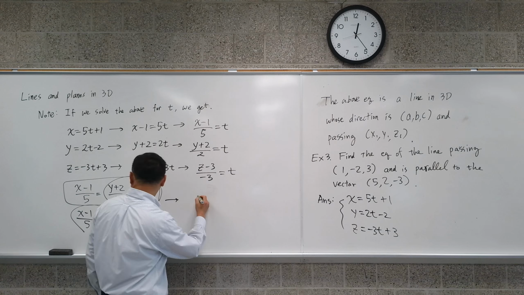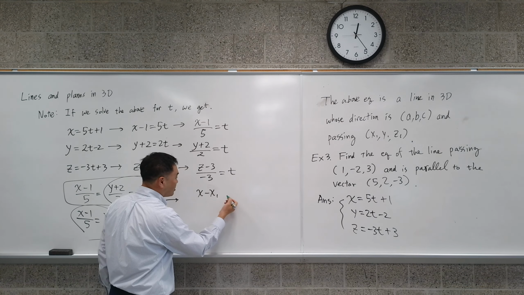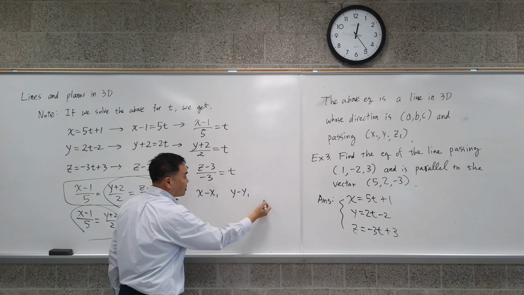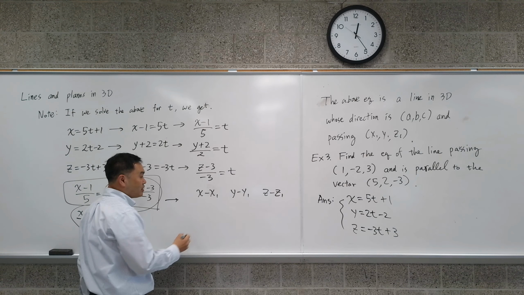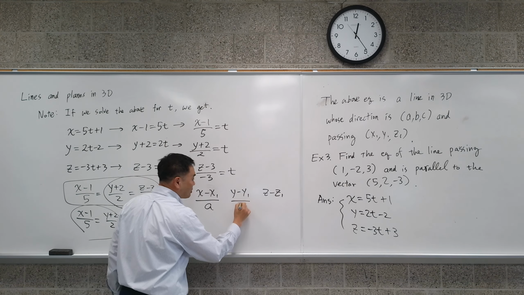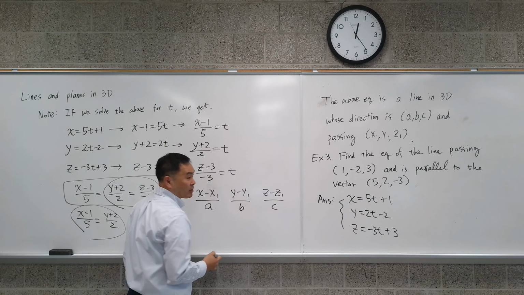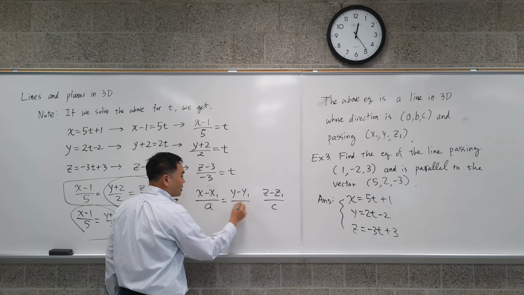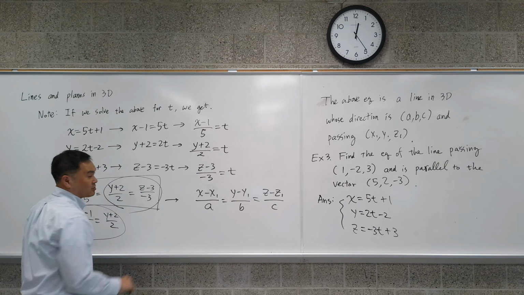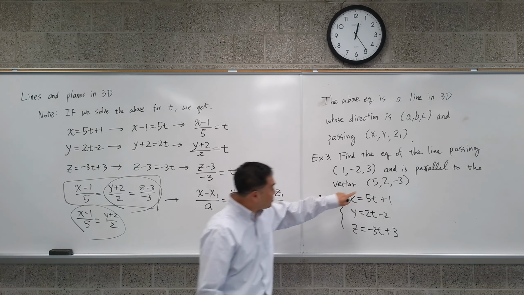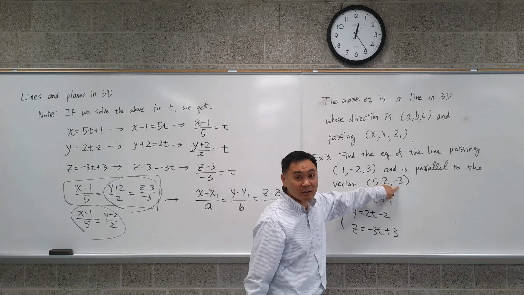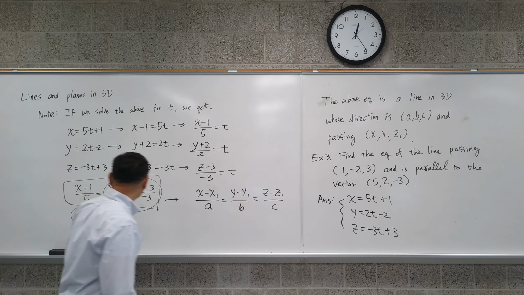Now, this new form, notice that it looks like the following. If you have x1, y1, and z1 as a point on the line, and A, B, C as the direction vector, just like there, then this looks like this, right? See, 5, 2, negative 3, that's exactly 5, 2, negative 3. And then what about this one?